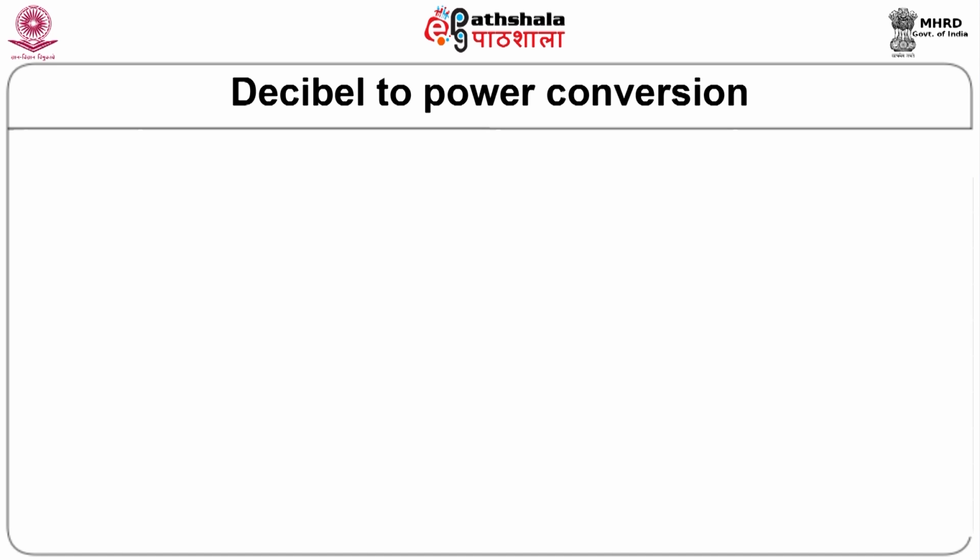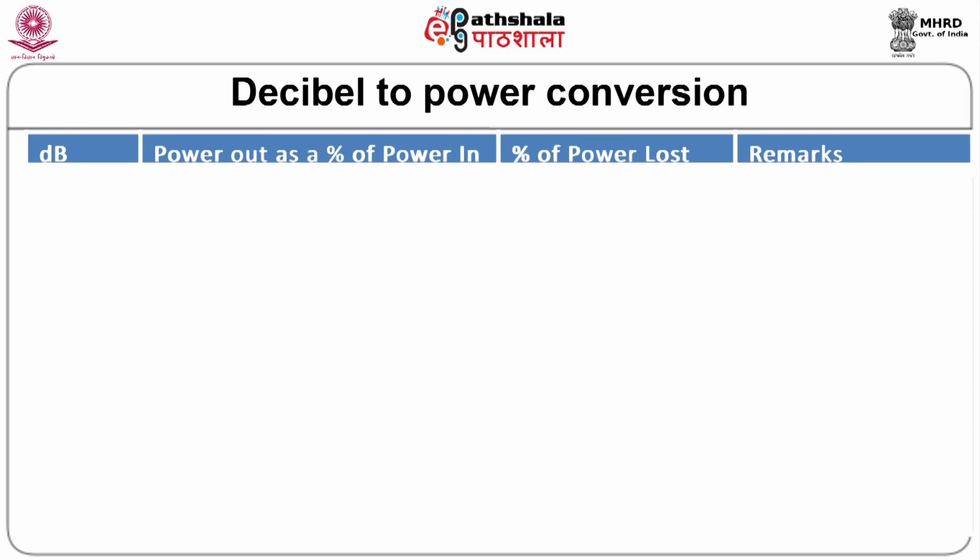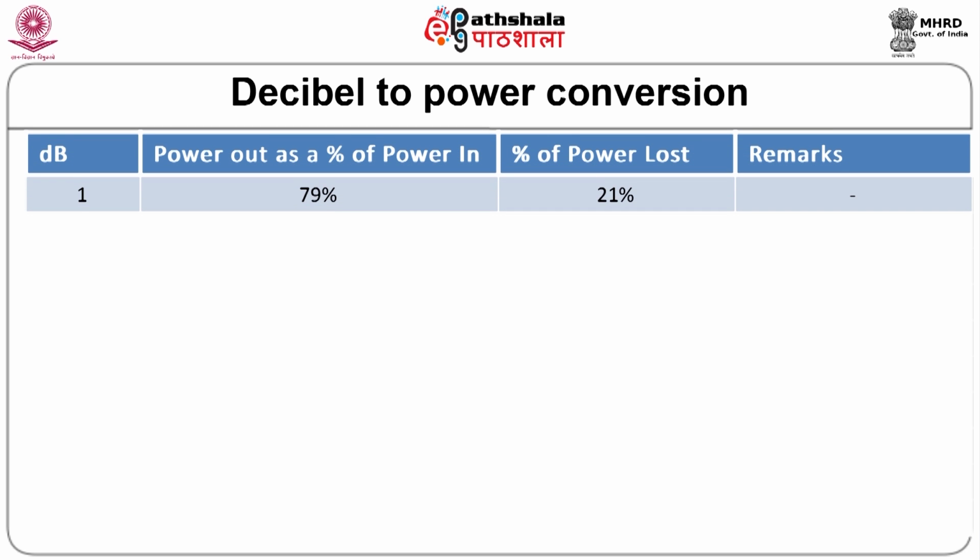Now, how to convert this decibel to power? If we have 1 dB, then power output as the percentage of power input is 79% and therefore the percentage power lost is 21%. If it is 2 dB, then 63% power output with 37% power lost.